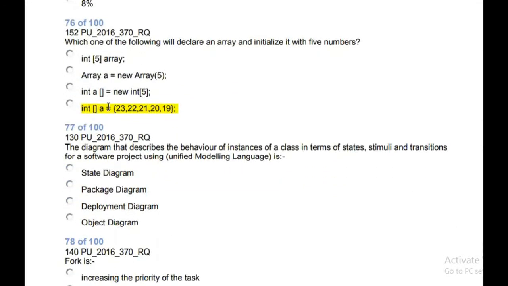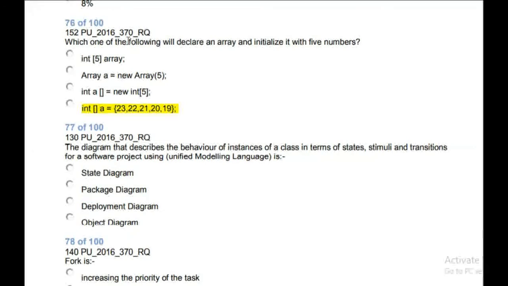Which one of the following will declare an array and initialize it with 5 numbers? Option D is correct. int a[] = {23, 22, 21, 20, 19} is the right method for initializing an array.